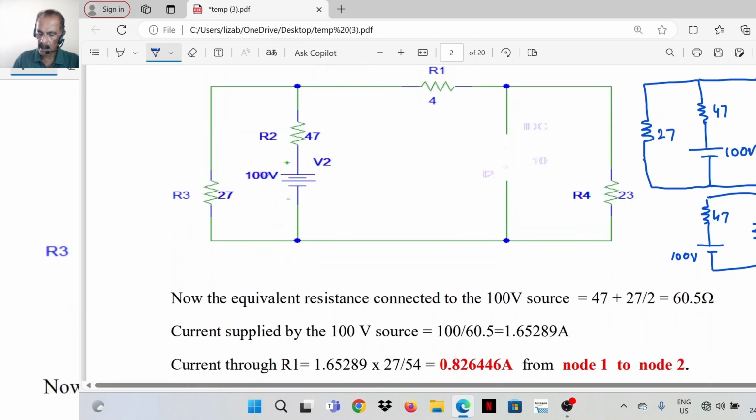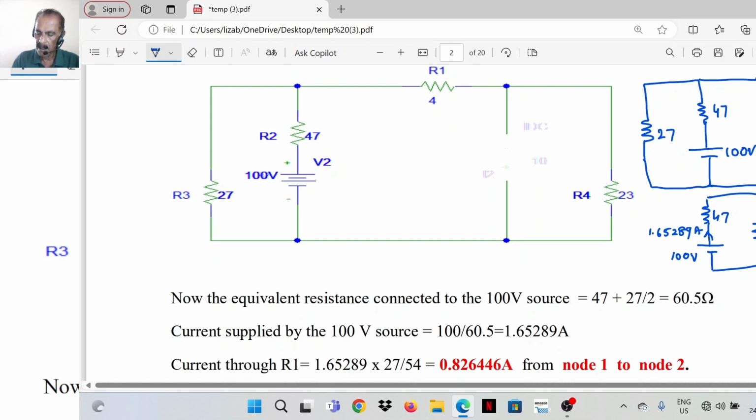So the total current supplied by the 100-volt source is 100 divided by 60.5, that is 1.65289 ampere. So this current is 1.65289 ampere. So we have to find the current through the 4 ohm resistor. 4 ohm resistor is coming here.